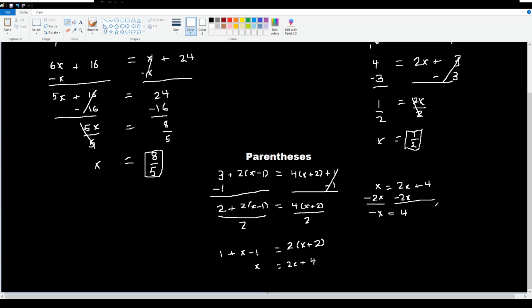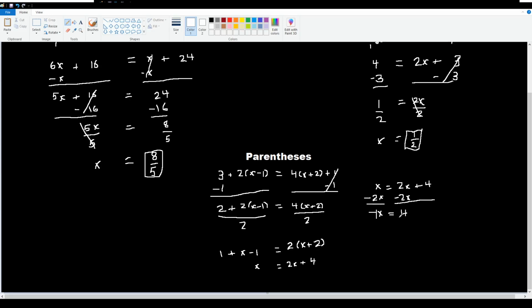Now, I don't believe I have gone over negative variables before. So in this case, what you would basically do is just swap the negative sign. Essentially, it's the same thing as multiplying by -1 on both sides, or dividing by -1 on both sides, because as I mentioned earlier, there's always going to be that invisible 1.